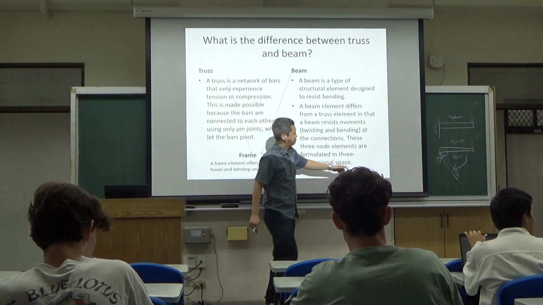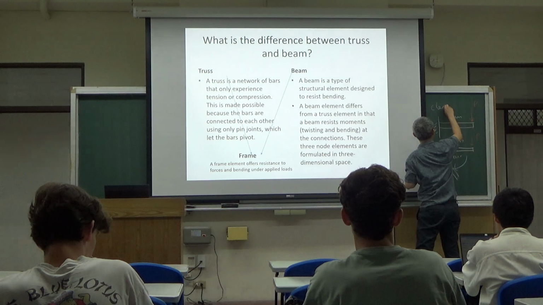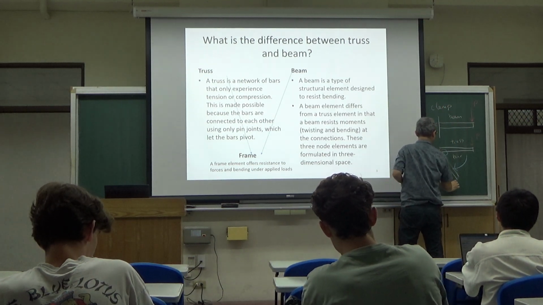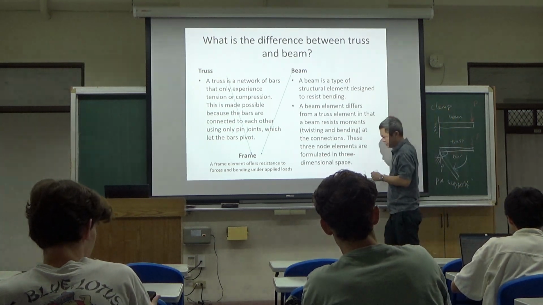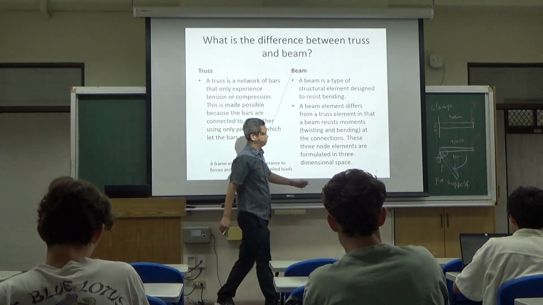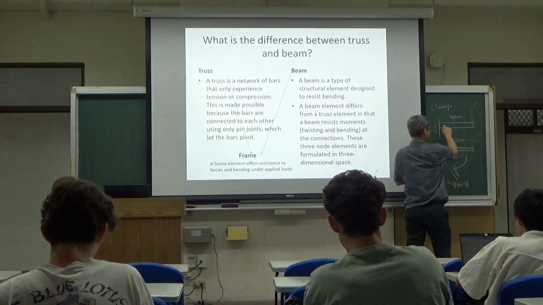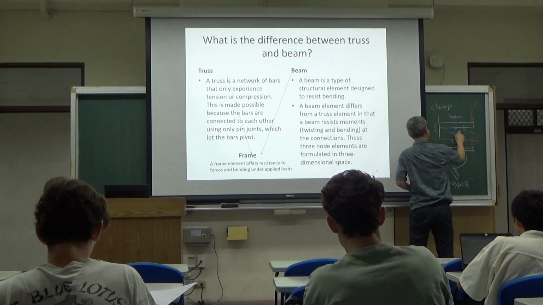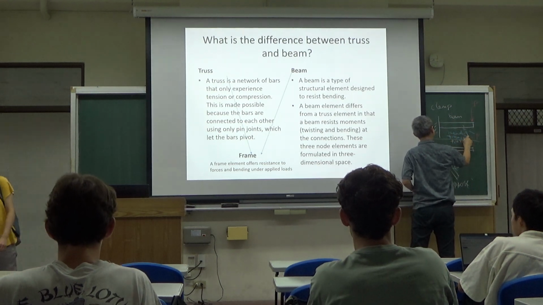So this is a big difference. One is the clamp support, the other is the pin support. The pin support will allow rotation, but the clamp support will not. As a result, you can see the top one will have deformation, which is called bending, a transverse bending.